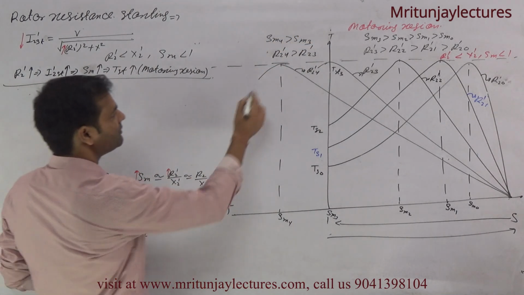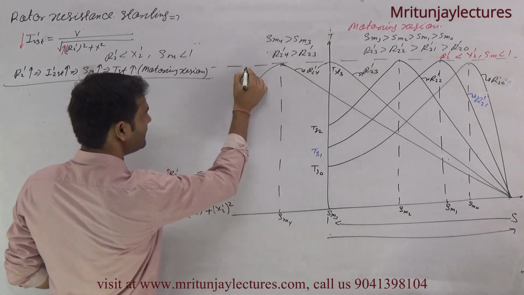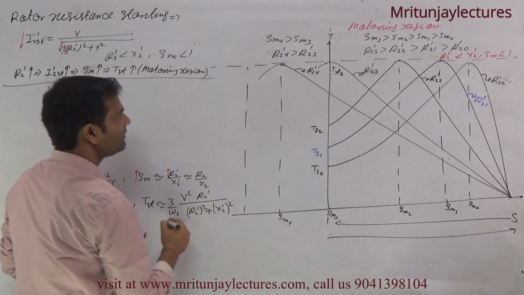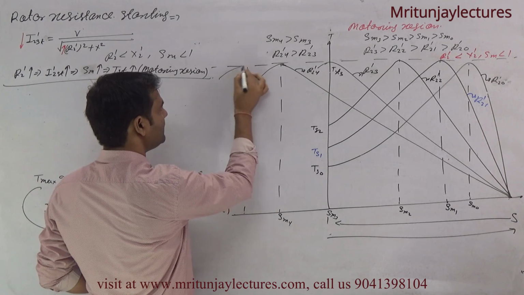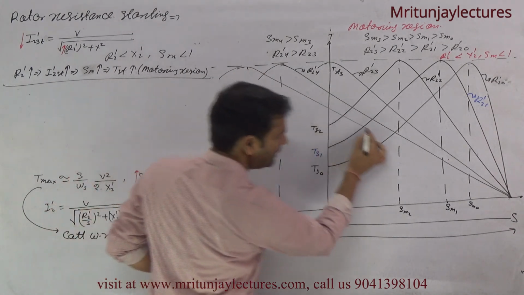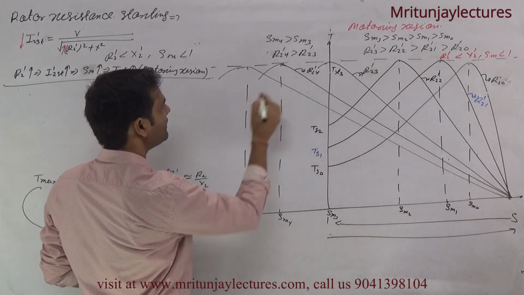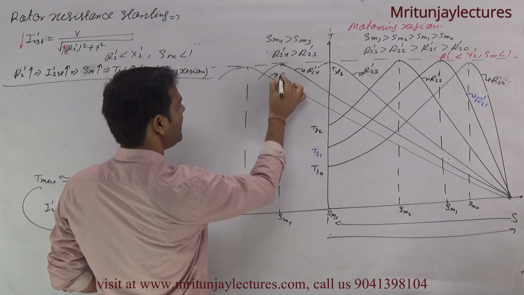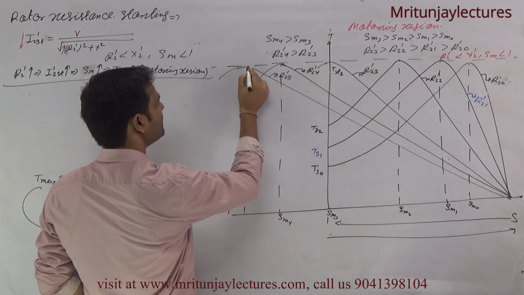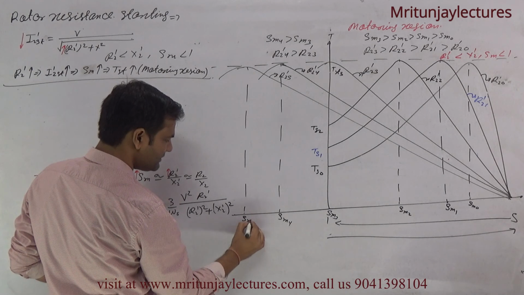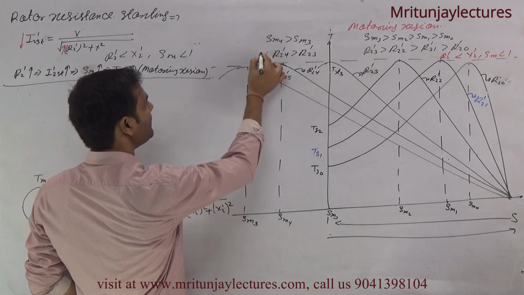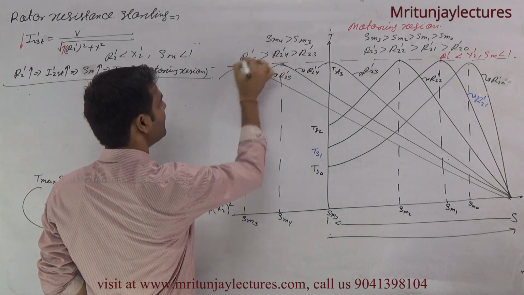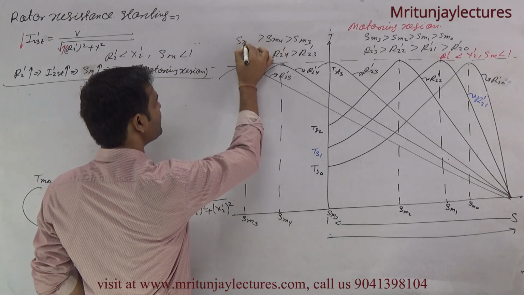When external resistance is added again, then what about the graph? That is like this one. And this one is R25 dash, corresponding to that is SM5, and it is greater than SM4.